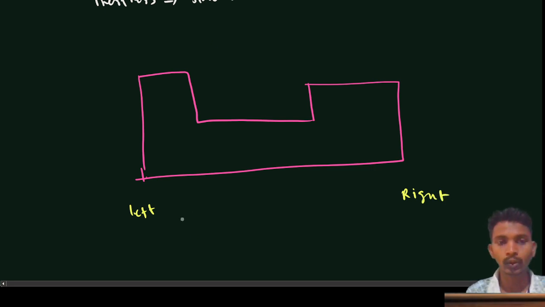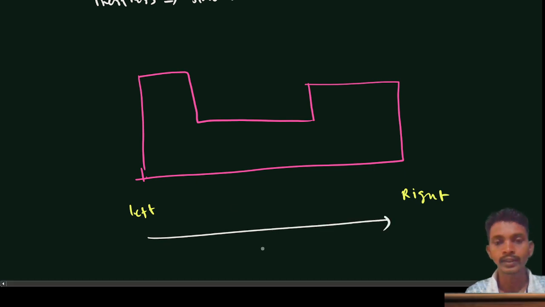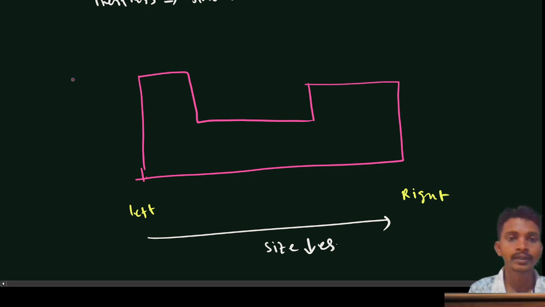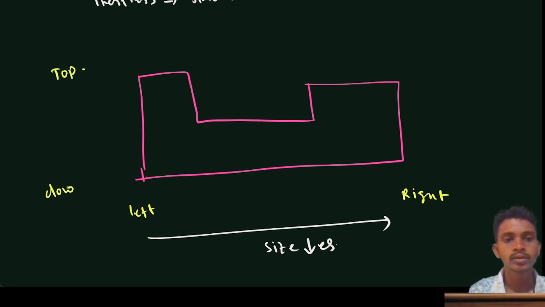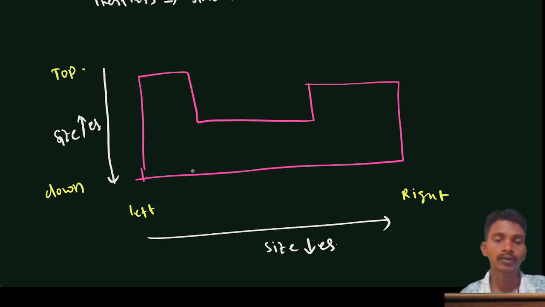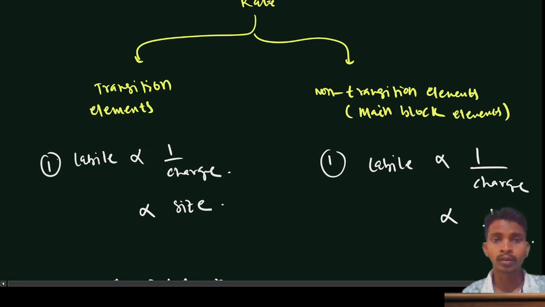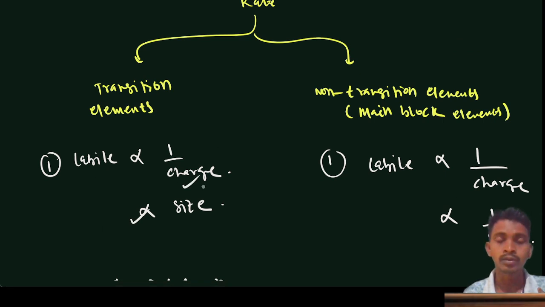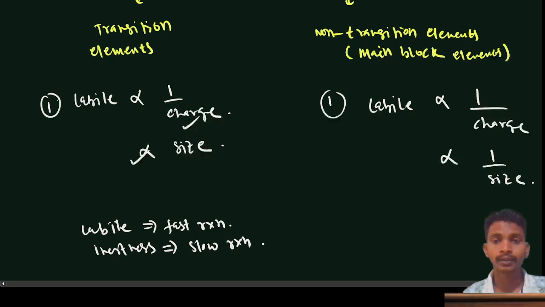So from left to right, size decreases, and this is top and this is down, and from top to down, size increases. This size concept we will apply for labile and inertness, because size and charge are important for deciding labile or inert.